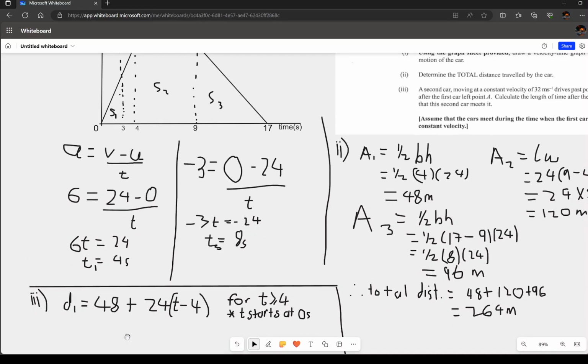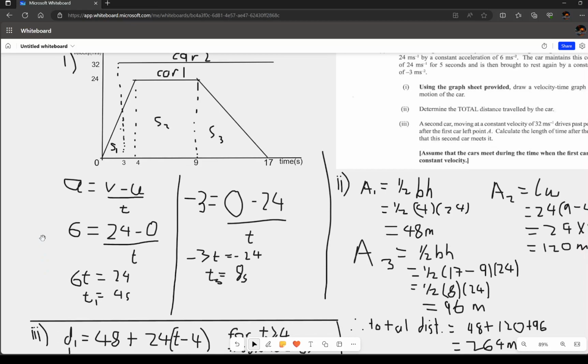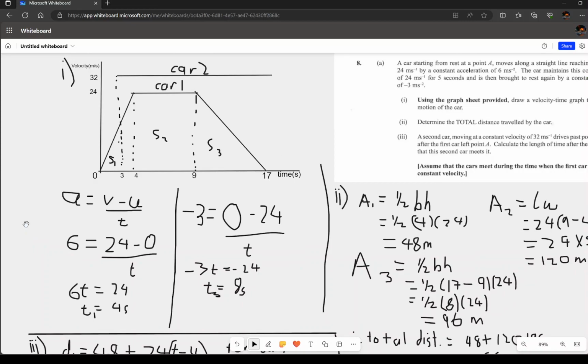Okay, so this is our first distance equation, right? Our second distance equation is going to take a similar format. Similar velocity times time, right? Distance is velocity times time. We all know this. So for the 32 meters per second velocity, it's going to be 32 times some form of t.